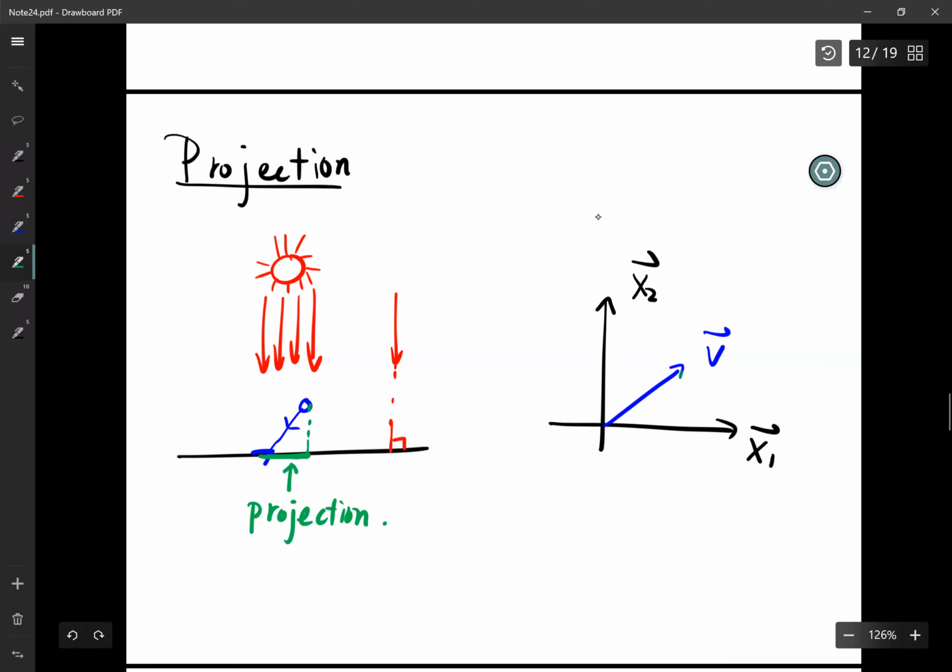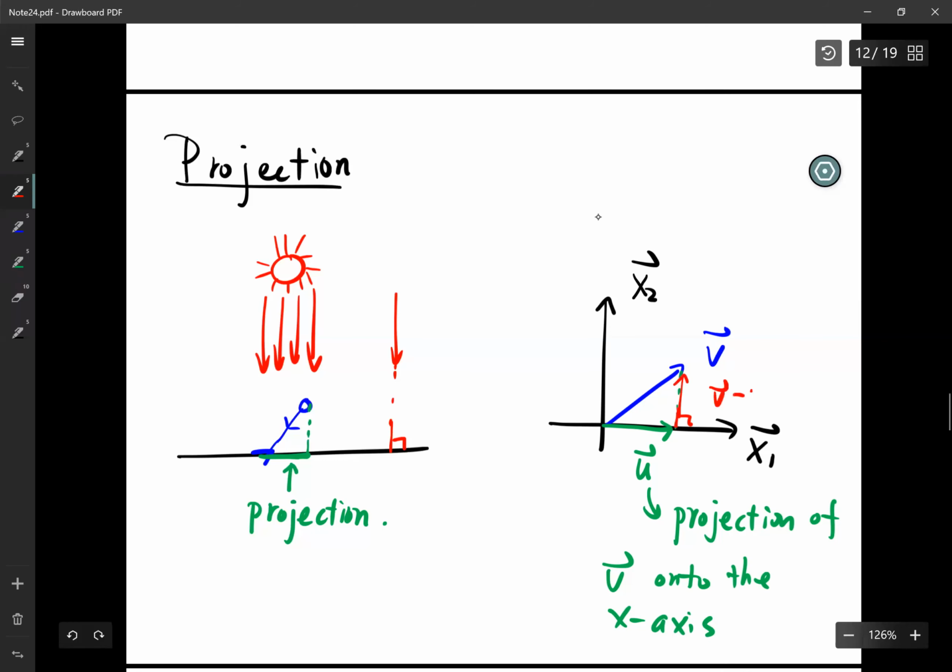So this one, let's call it U, is the so-called projection of V onto the x-axis. And the defining feature is that the difference between v and u, this vector v minus u, is orthogonal to u. Any question?